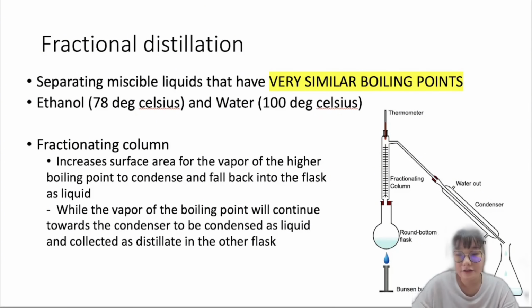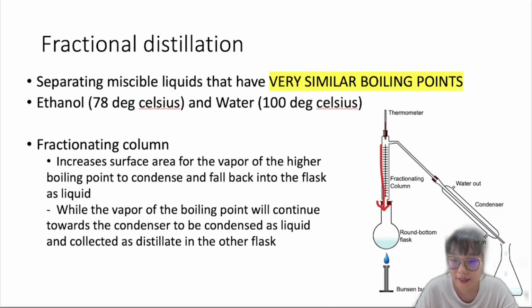The addition of the fractionating column helps to increase the surface area for the vapor of the higher boiling point liquid to condense, and then the droplets will fall back down into the flask this way. Whereas for the other liquid that has the lower boiling point, even if it travels a far distance up to the top here, it is still too hot for it to be able to cool and condense.